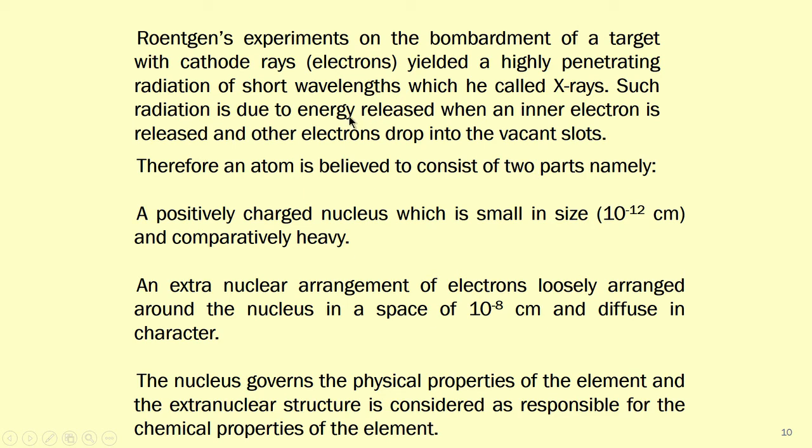Such radiation is due to the energy released when an inner electron is released and other electrons drop into the vacant slots. That means, when X-rays are coming out, the electron from a higher orbit falls to a lower orbit, and then the energy difference comes out as X-ray.